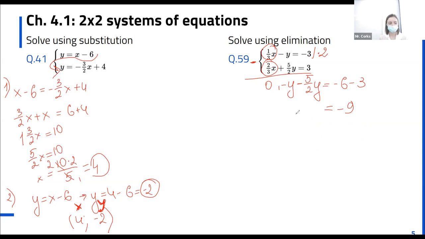So we have minus 2/5y. To get the value of y, we need to divide minus 9 over this fraction.